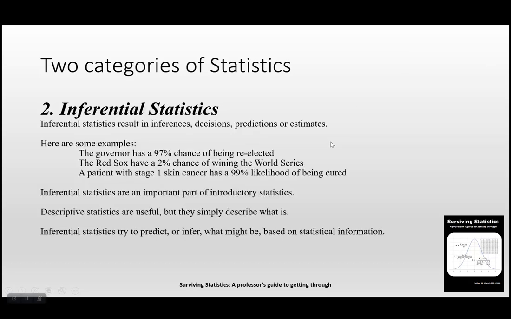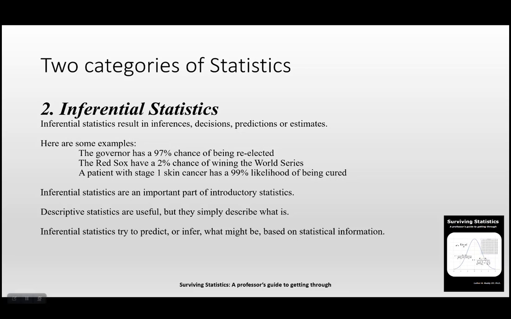All right, the second category, first we had descriptive statistics that just simply describe the data. The second category is inferential statistics. Now, inferential statistics result in inferences or predictions or estimates. And here are some examples of inferential statistics being used.